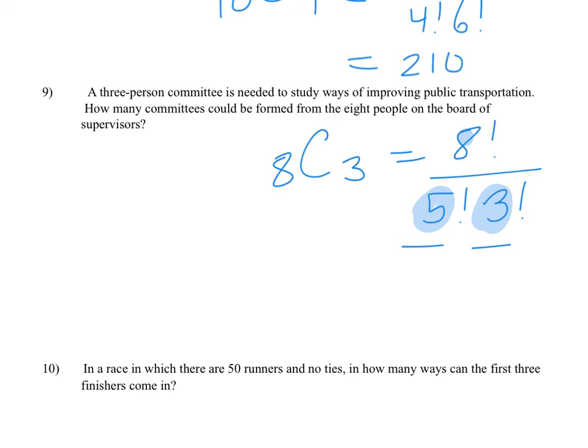One way to think about this is selecting 5 out of a group of 8 is no different than selecting 3 out of a group of 8. They're going to end up being complementary totals. So anyway, once we evaluate 8 factorial divided by 3 factorial times 5 factorial, we'll find that there are 56 different ways to choose a 3-person committee.